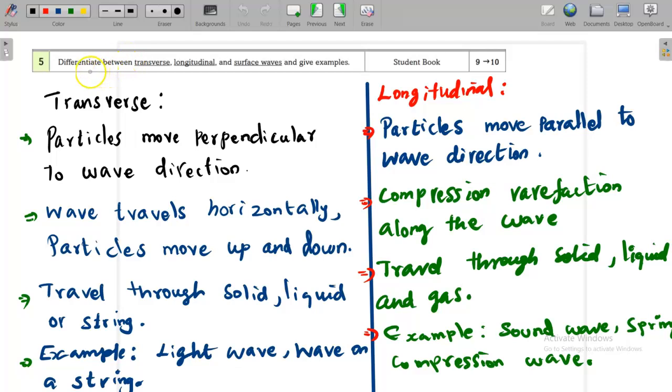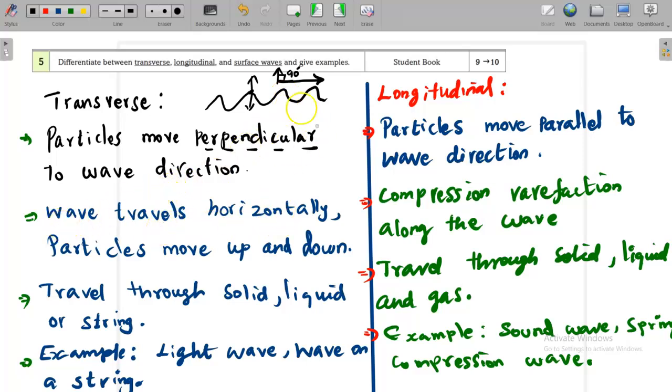Question number 5. Differentiate between transverse, longitudinal and surface waves and give examples. Transverse waves: particles move perpendicular to wave direction. So this is a transverse wave, and the right side is the wave direction, the wave motion, and the particles move up and down, making 90 degrees to the direction of wave motion, and 90 degrees is called perpendicular.